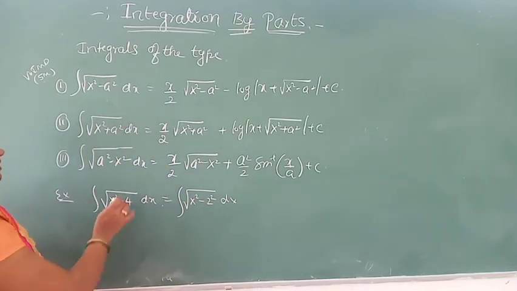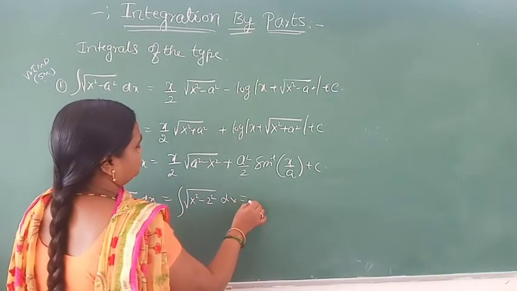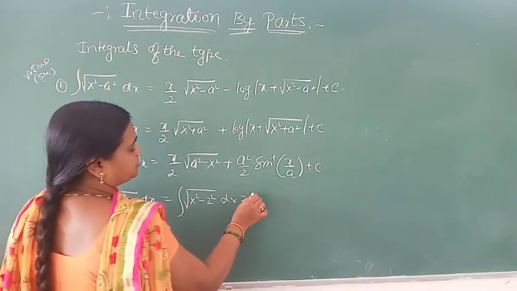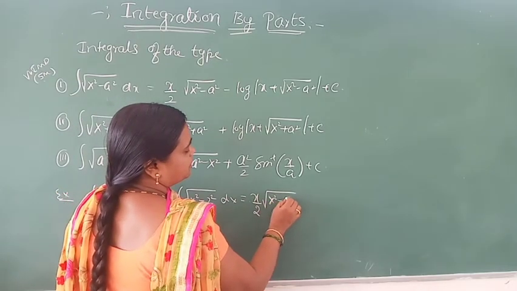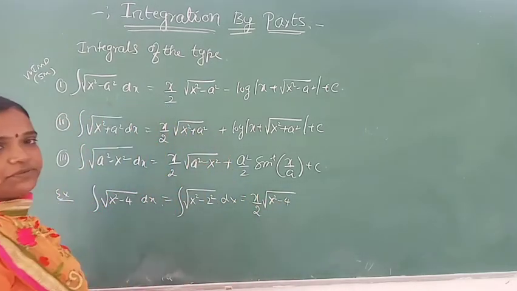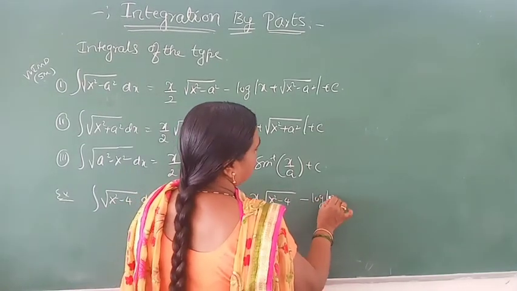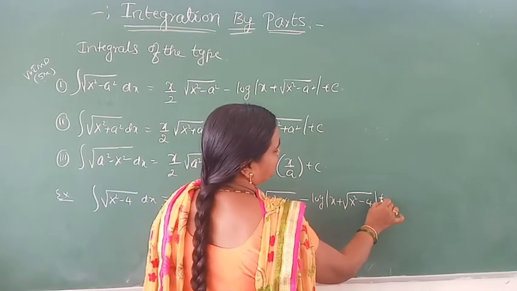What is a here? A is 2. And apply the formula for root of x square minus a square. That formula is x by 2 root of x square minus 4 minus log x plus root of x square minus 4 plus c.